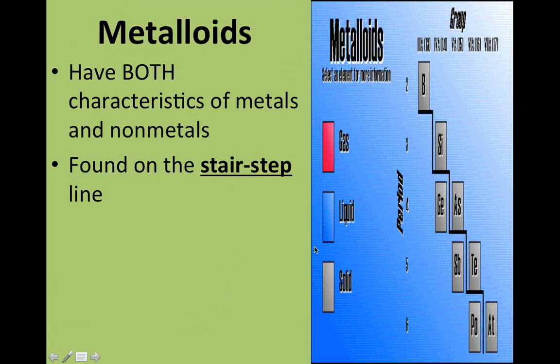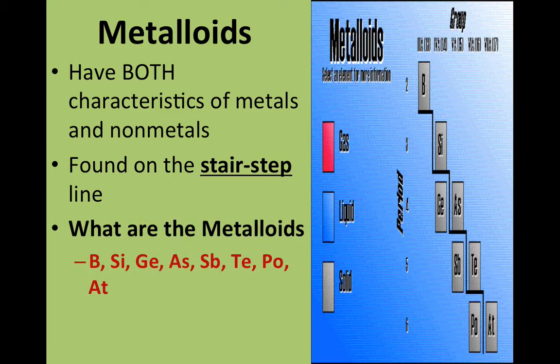Then we have these special things, metalloids. They are on that stair-step line. They have characteristics of both metals and nonmetals. The metalloids are boron, silicon, germanium, arsenic, antimony, tellurium, polonium, and astatine. So all of these are considered metalloids.